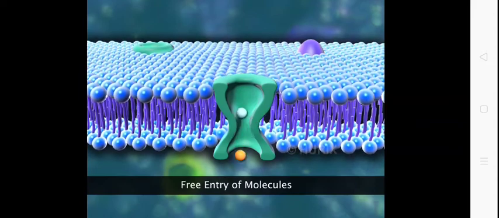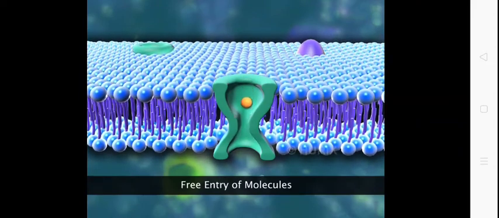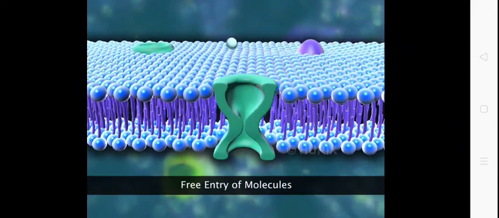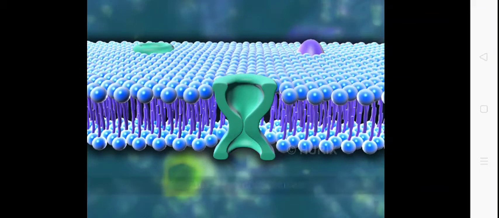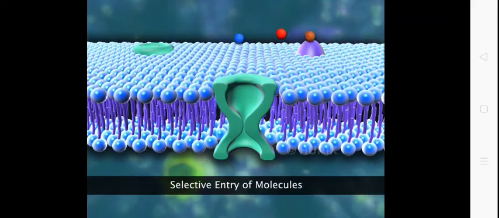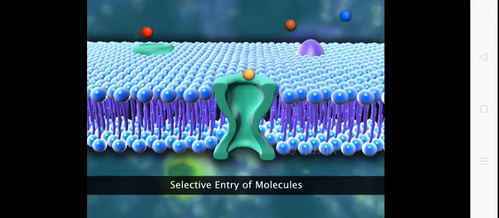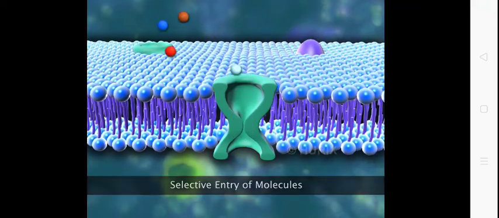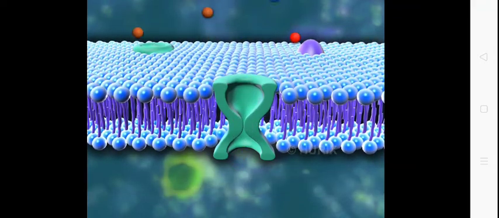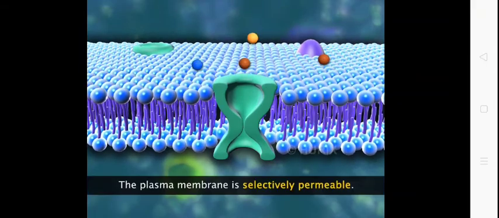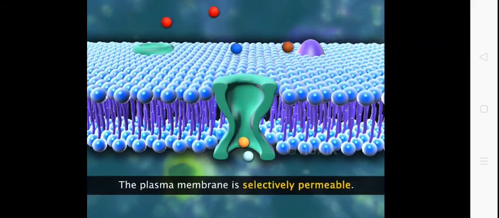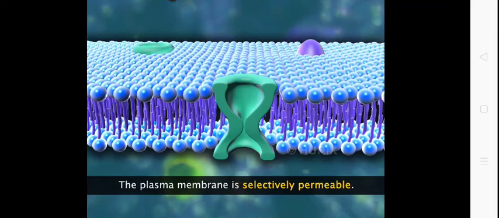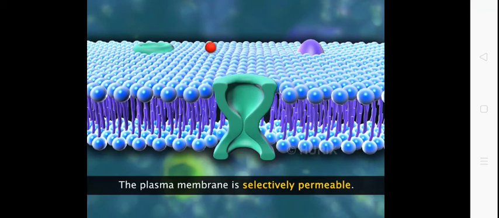It allows certain material to enter or exit the cell freely. At the same time, it prevents the movement of many other molecules. Because of this property, the plasma membrane is said to be selectively permeable or semi-permeable.